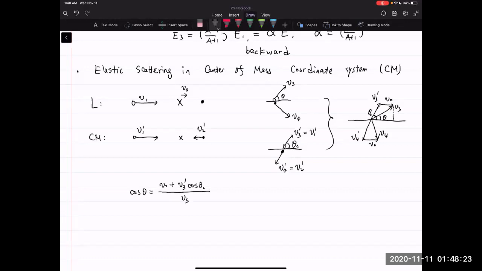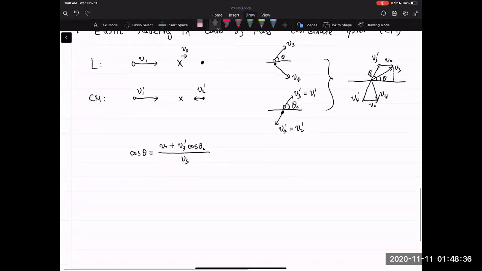It's a simple geometric relation. So now we can put in what each of them is: V0, V3, and V3 prime.